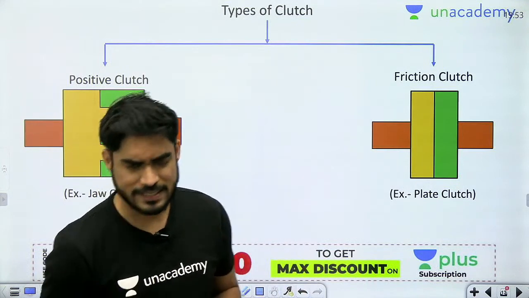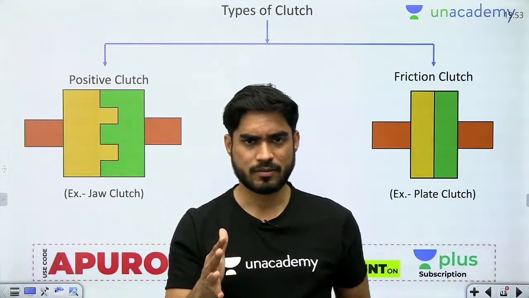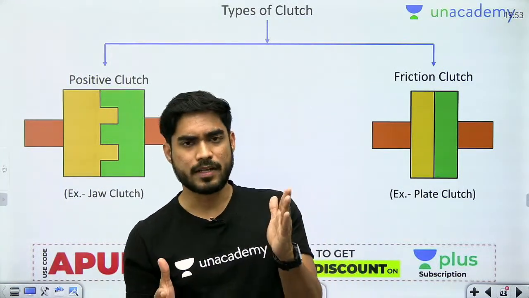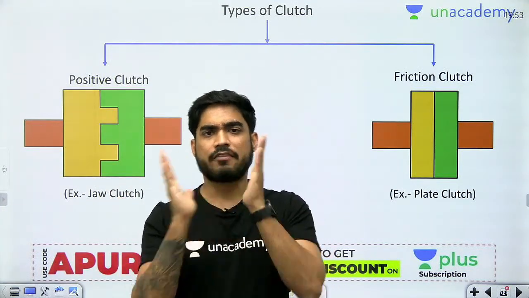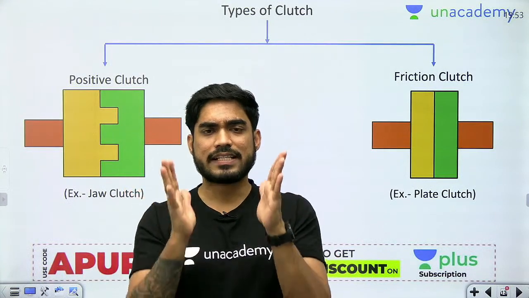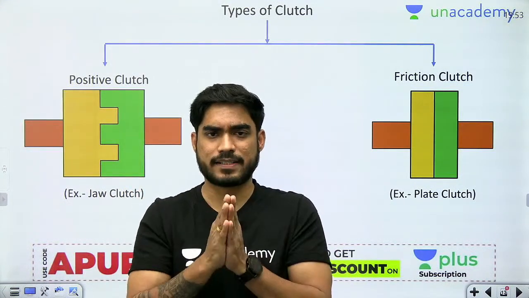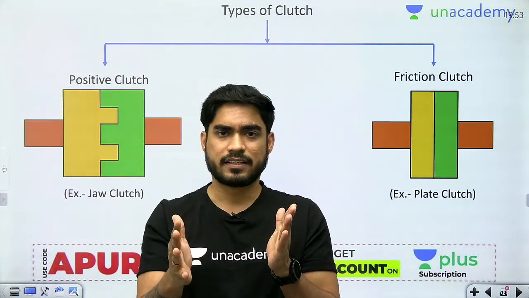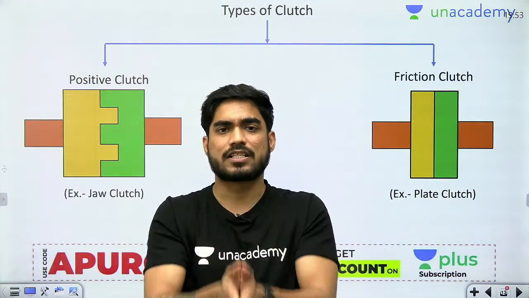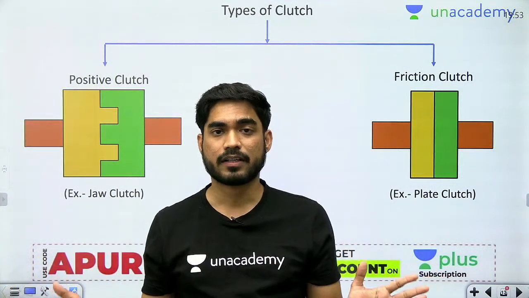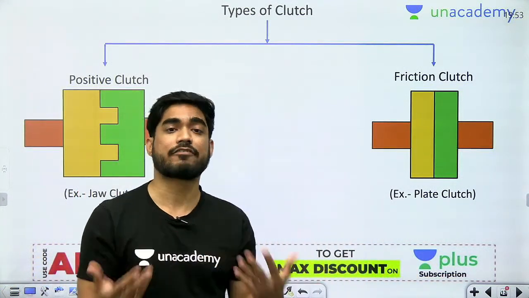See, let's say this part is rotating and this part is stopped, and I am connecting both these parts. If there is no slip between these two parts, meaning this is rotating and this is also rotating with this part, both continuously rotating without any slip, then this will be a positive engagement.